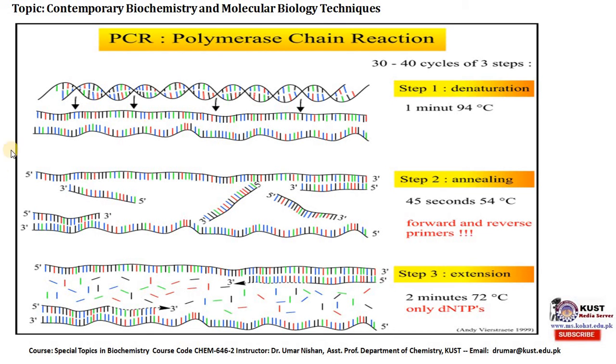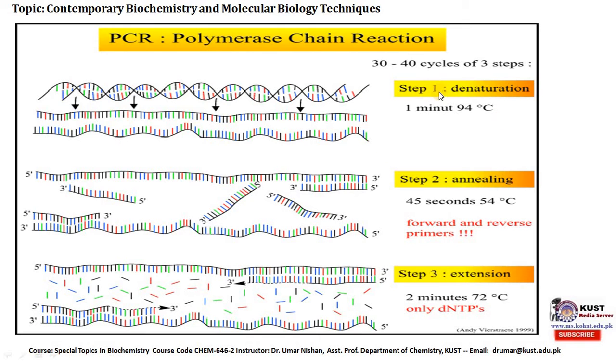Now, this is a cartoon representation of how the polymerase chain reaction functions. This is a template DNA, and this template DNA is to be amplified. The reaction mixture is put in the thermocycler. The thermocycler is the machine which varies the temperature in a programmed way.